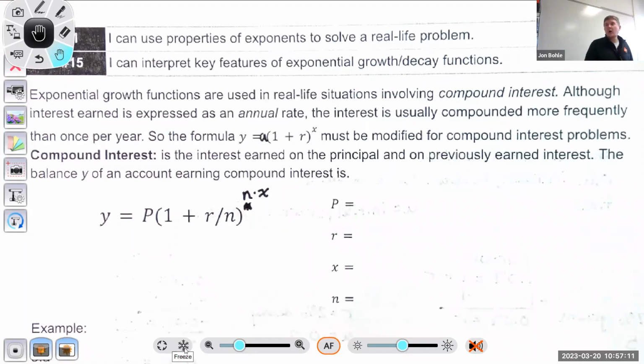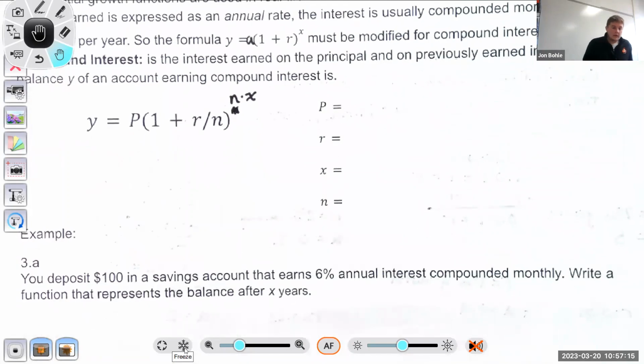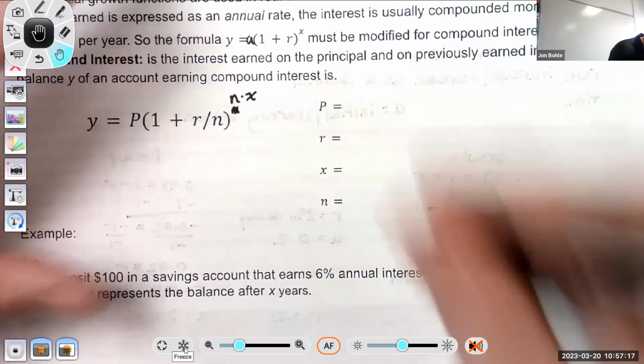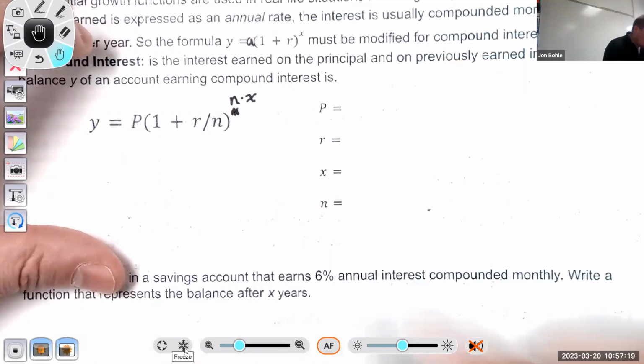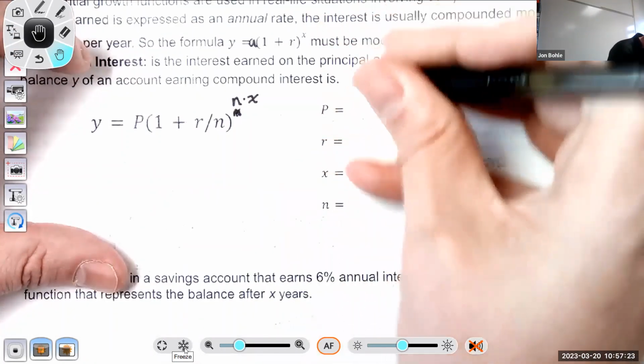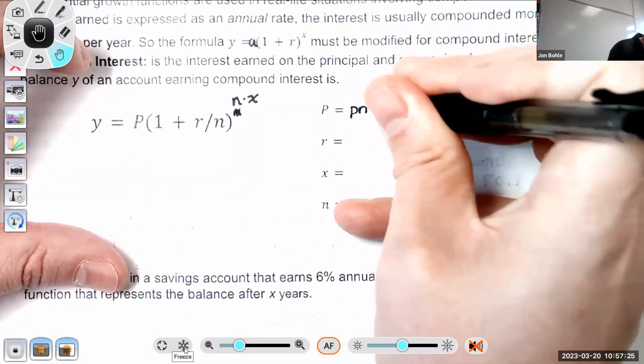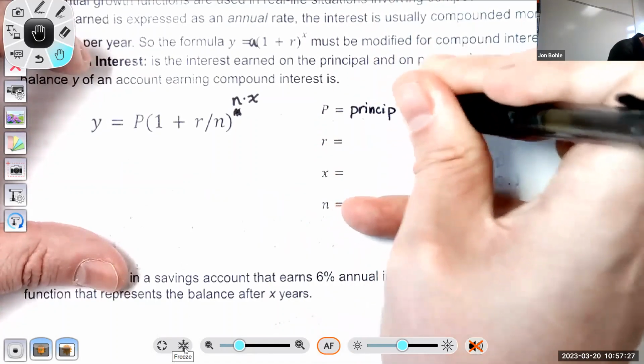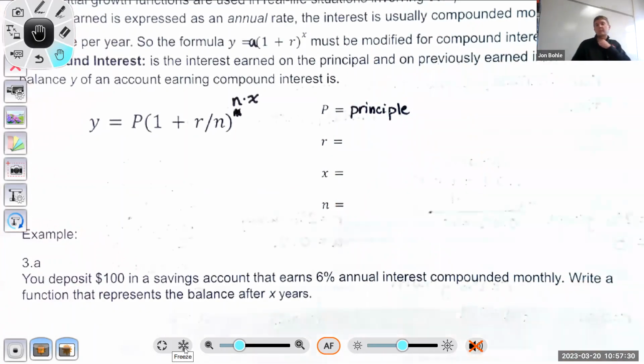Okay, so let's break down all these different parts of this formula. Okay, principal, P. I think this is the wrong spelling of principal. Perfect. That's all right. I think it's principal with an LE and not an AL.